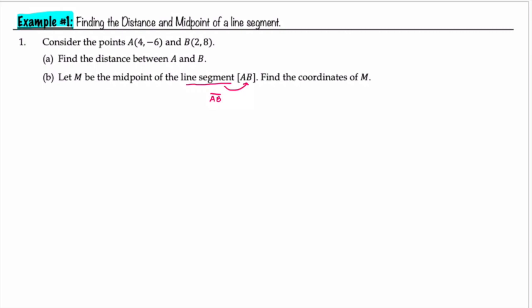So let's start with part A, finding the distance between A and B, which means I need my distance formula. I'm going to write my formula down. Now we have our first point A, our second point B, and it does not matter how you label it, as long as the first number is x, the second number is y. So I'm going to substitute this into my formula.